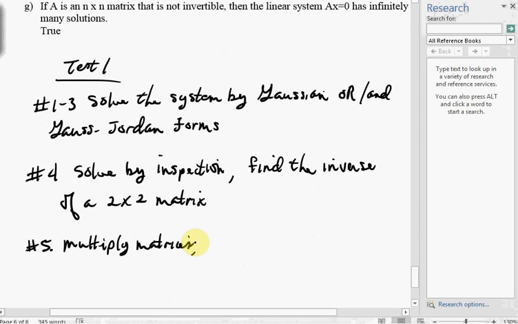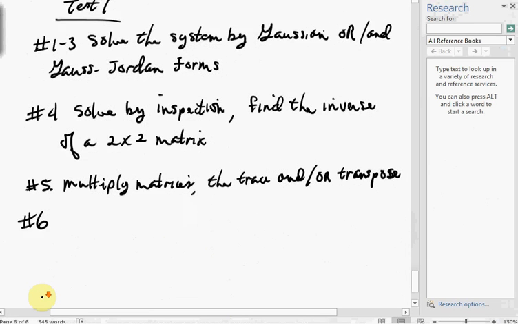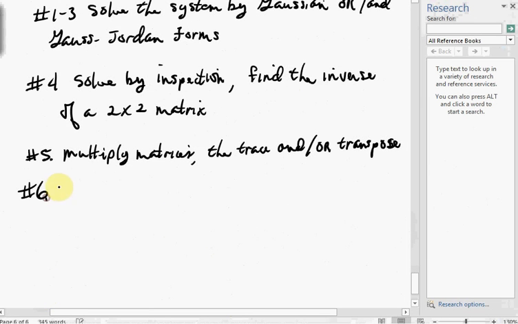Here I have trace and/or the transpose. Just have the statement there, but here I'm saying I may ask you the question, what's the trace of this matrix? What's the transpose of this matrix? Number 6, find the inverse of a 3 by 3.